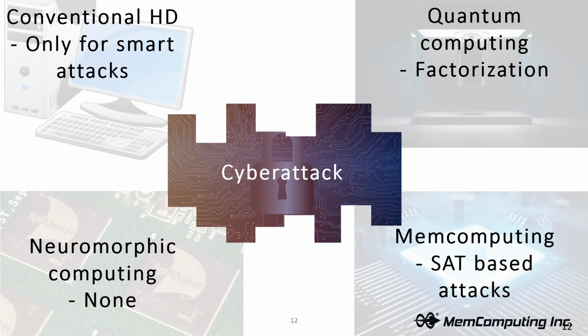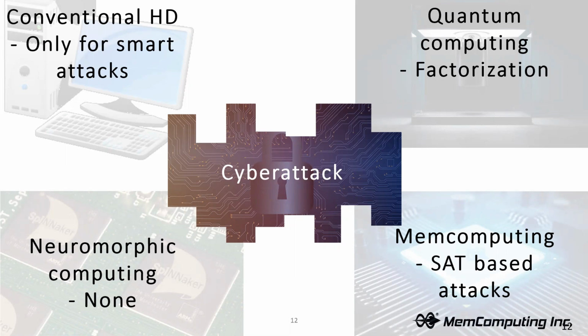Then we have neuromorphic computing, which unfortunately makes no promises about some attacks, and really is not geared towards these problems. Then we have quantum computing, which became famous because Shor in the 90s showed that if you had a quantum computer, you could factorize large numbers. Obviously, you need a large quantum computer to do that.